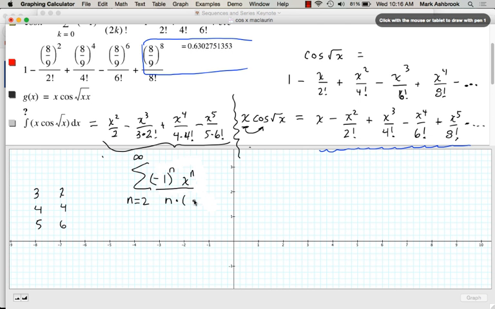We're going to subtract 2 and multiply by 2, and that's the factorial we need, which is the same as 2n minus 4. Okay, so that's the power series for the antiderivative of x cosine radical x. Okay, any questions on this? Yes, please.